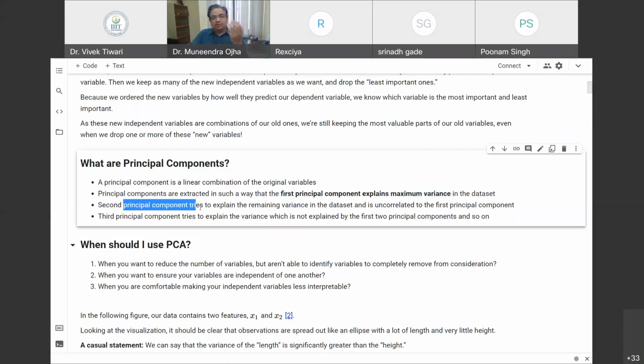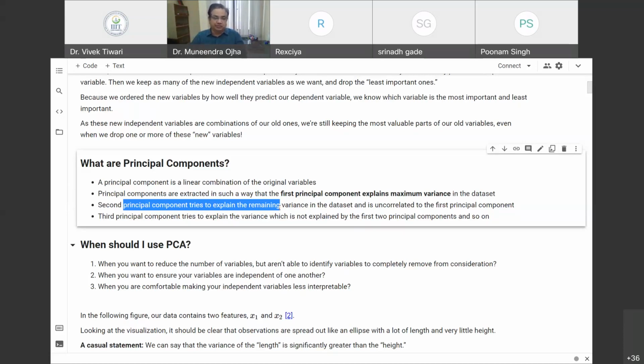The second principal component tries to explain the remaining variance. There is a variance in the data set, so the variance of the whole data set, the whole matrix, can be calculated. But let's say the first principal component explains 60% of the variance. Explaining 60% of the variance means it actually identifies why we have this variance.